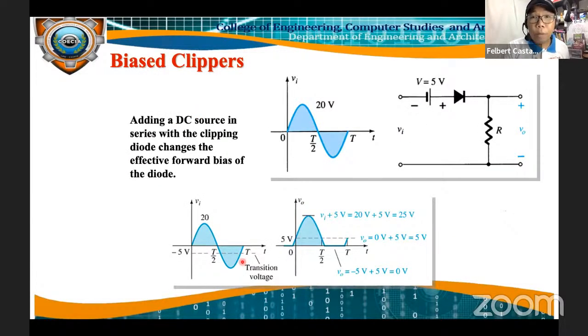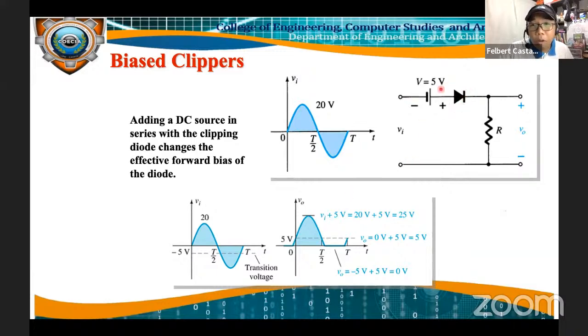Biased clippers, so the inclusion or the adding of DC source. Meron tayong DC na positive 5 volts connected dun sa diode natin. Tandaan na series clipper siya, nauna si diode, kasi diode is in series with the resistor. Dito mo binabasa yung output mo, guys. Ano yung effect? Considering ideal ang diode mo, zero yung barrier potential.